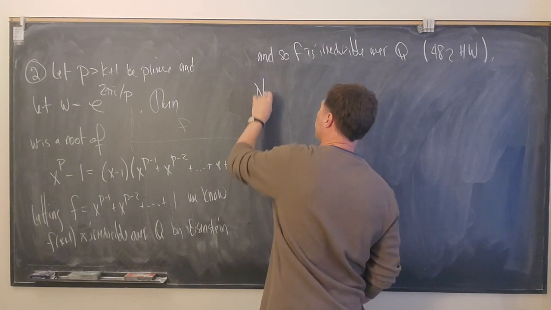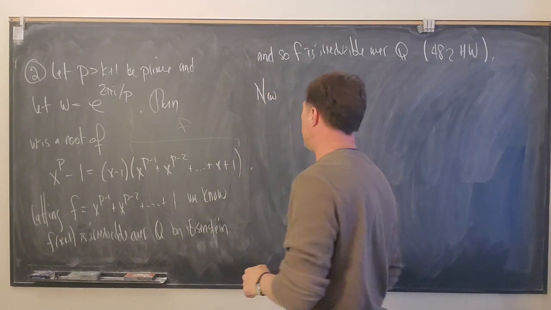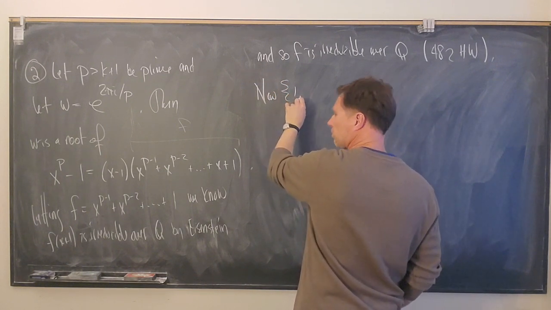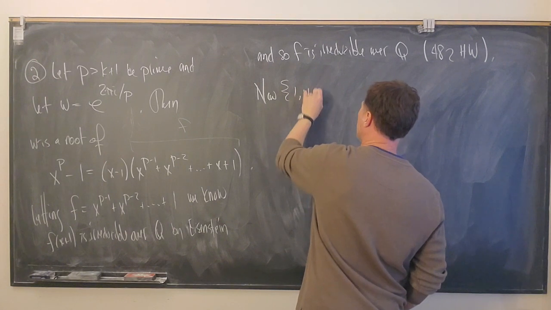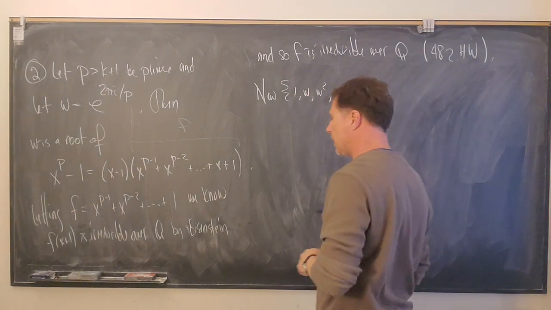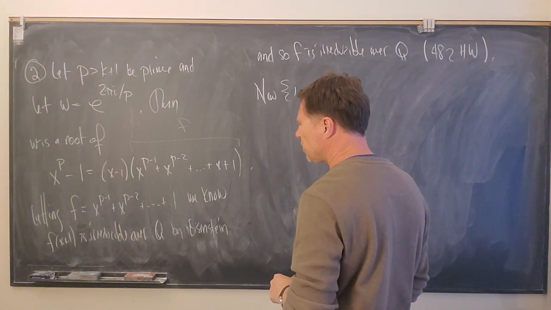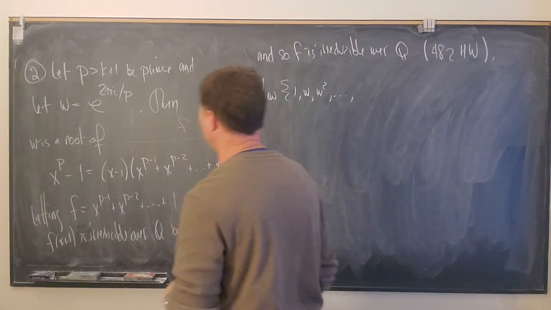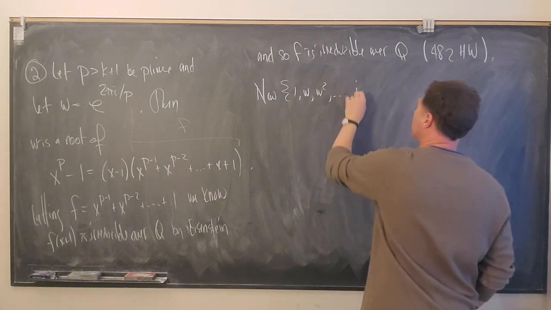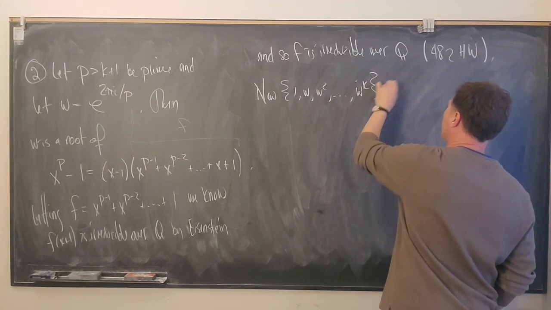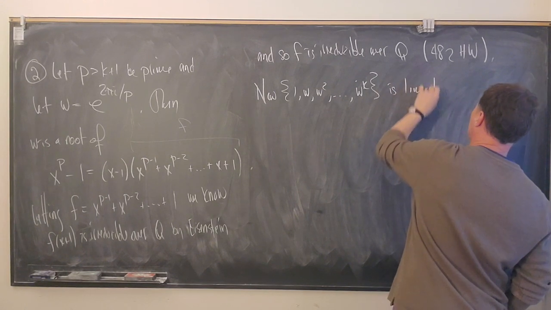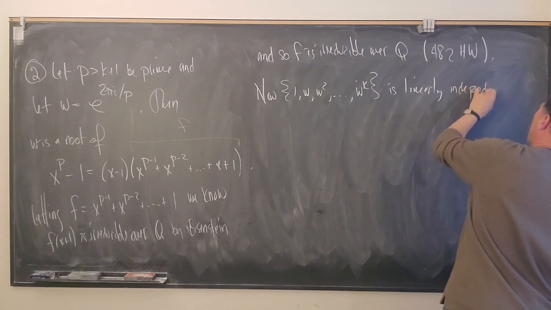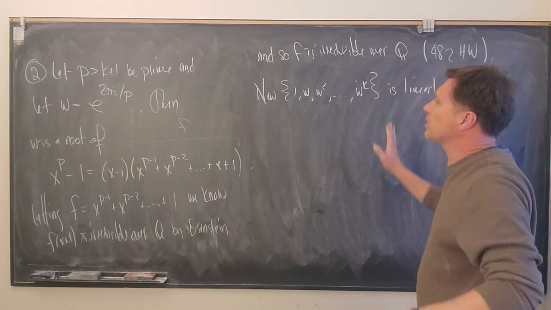So now we know that this set right here, 1, w, w squared, up through w to the k, is linearly independent. Let's just make sure I did this right.